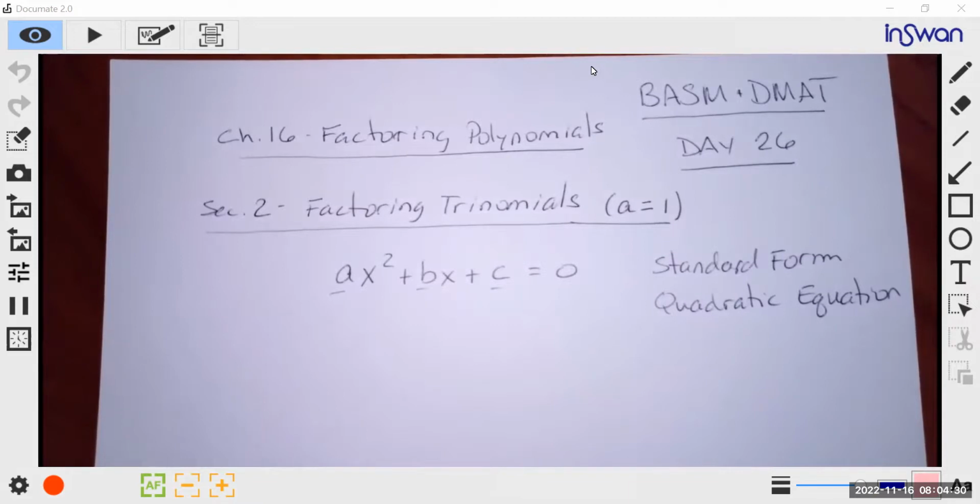Even though this book doesn't show you all the different ways of solving it, in this chapter we're going to use the rules that they showed you. If we don't have time, then when we come back from Thanksgiving, I'll show you a shortcut that will always work. It's just a matter of plugging it in there. Sometimes the hardest part with this is going to be your multiplication tables.